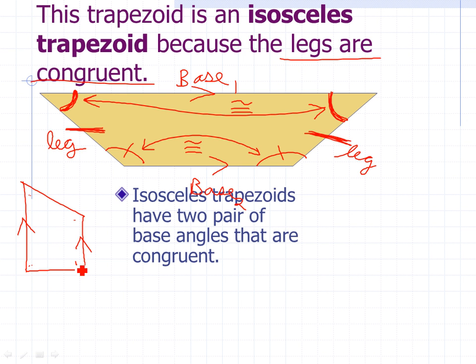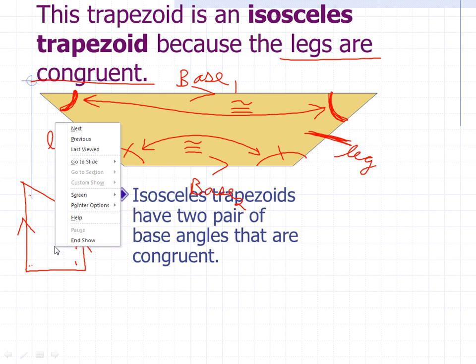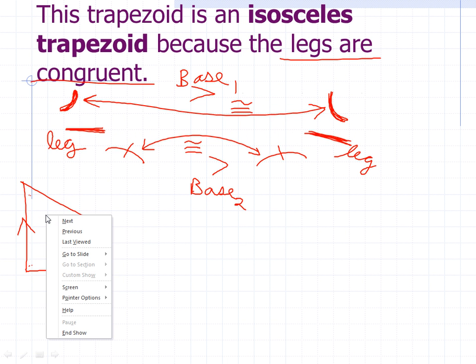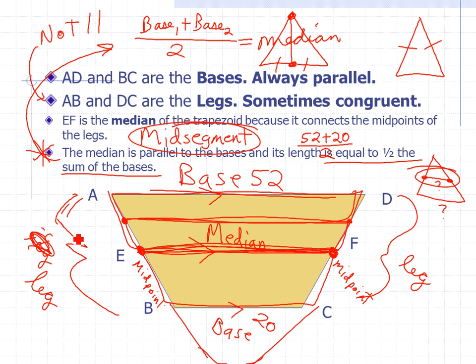Did I leave off something on that other one? Let me go back. Yeah, I did. In any trapezoid, these two angles are always supplementary.